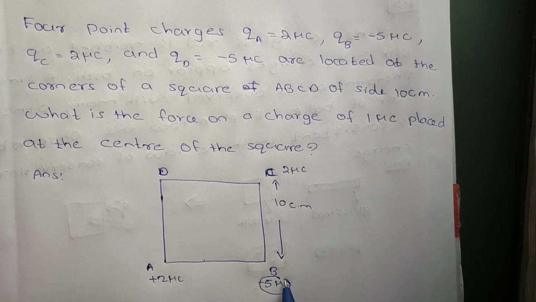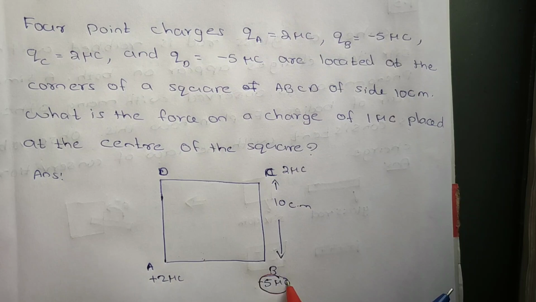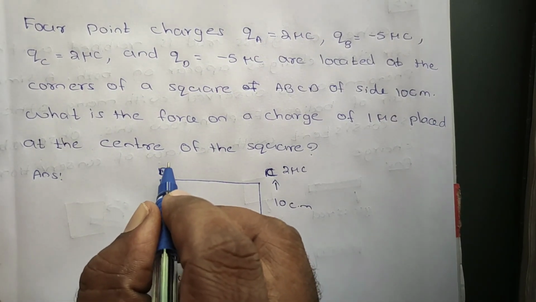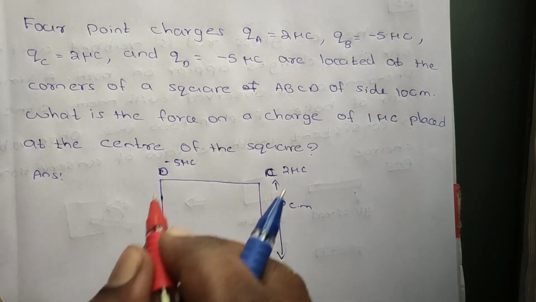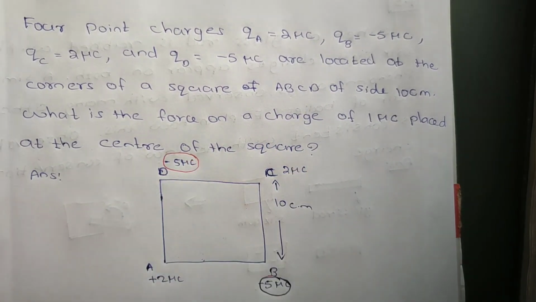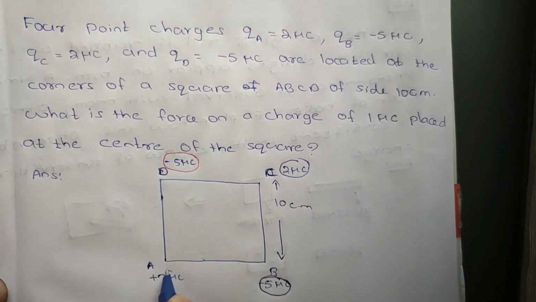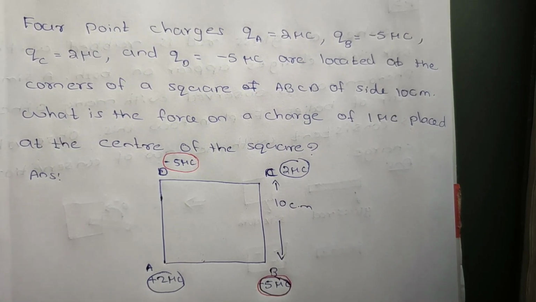At the point D, minus 5 microcoulomb. Clear? Then what did they tell?